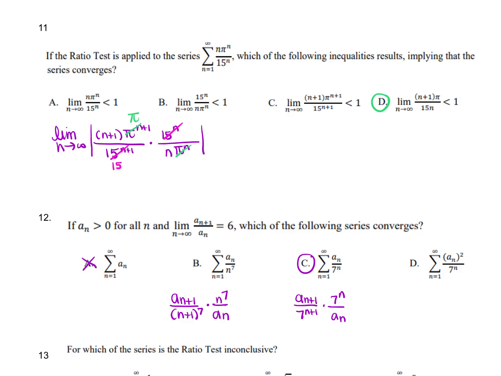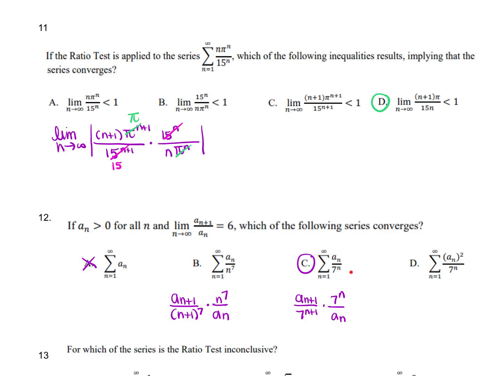So I'm just going to look at each piece like the ratio test. So if I did a_n plus 1 over n plus 1 to the 7th, and then over a_n multiplied by the reciprocal, these degrees are equal. And I know this limit was 6, but I'm using the ratio test. 6 is not less than 1, so this one does not converge.